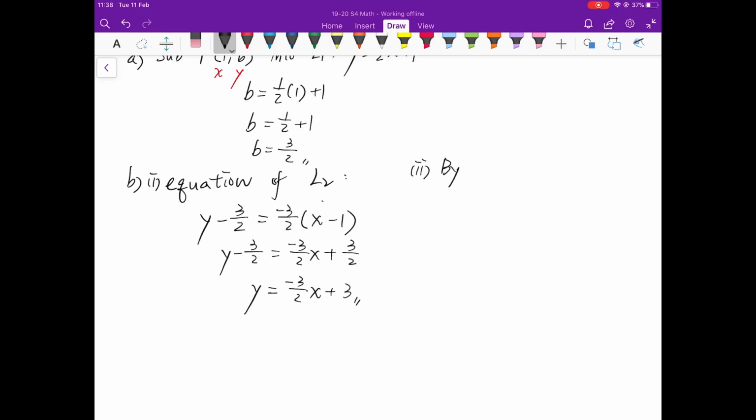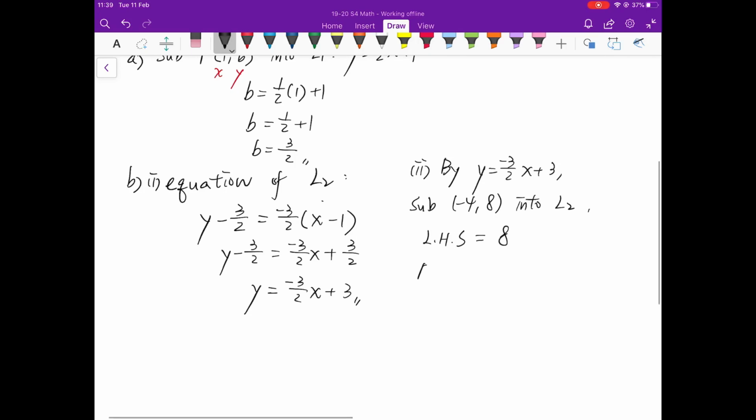So by y equals -3/2 x plus 3, we can substitute -4, 8 into L2. Therefore, the left hand side equals 8. And the right hand side equals -3/2 times -4 plus 3.